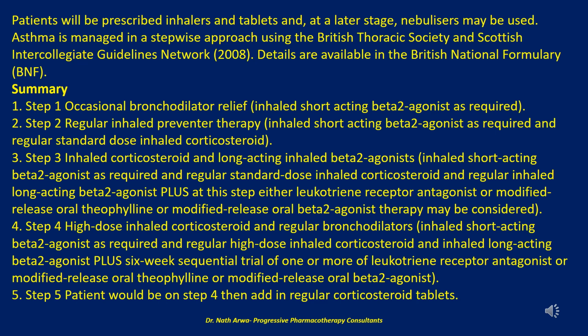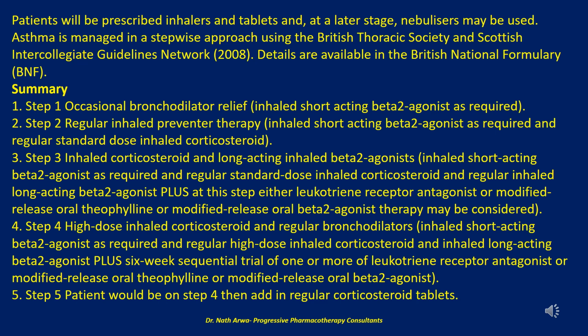Inhaled short-acting beta-2 agonist as required and regular standard dose inhaled corticosteroid and regular inhaled long-acting beta-2 agonist, plus at this step either leukotriene receptor antagonist or modified-release oral theophylline or modified-release oral beta-2 agonist therapy may be considered. 4. Step 4: High-dose inhaled corticosteroid and regular bronchodilators.